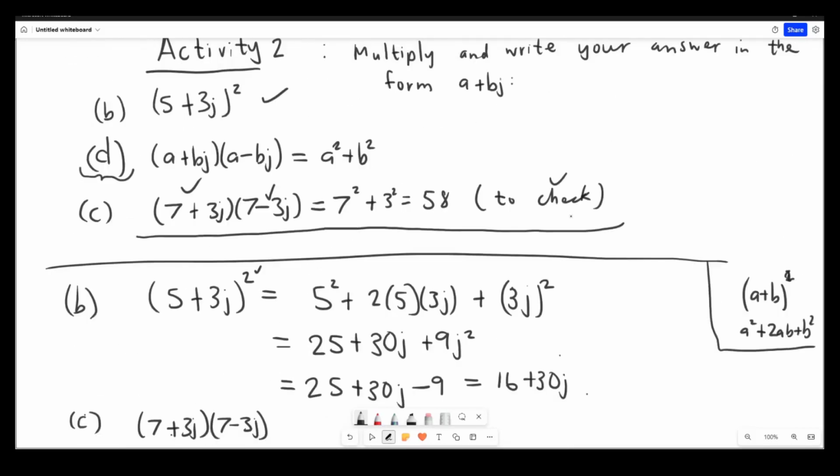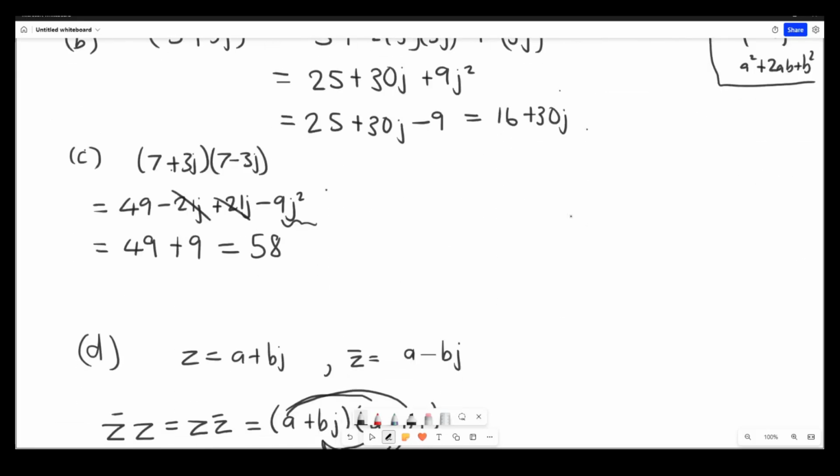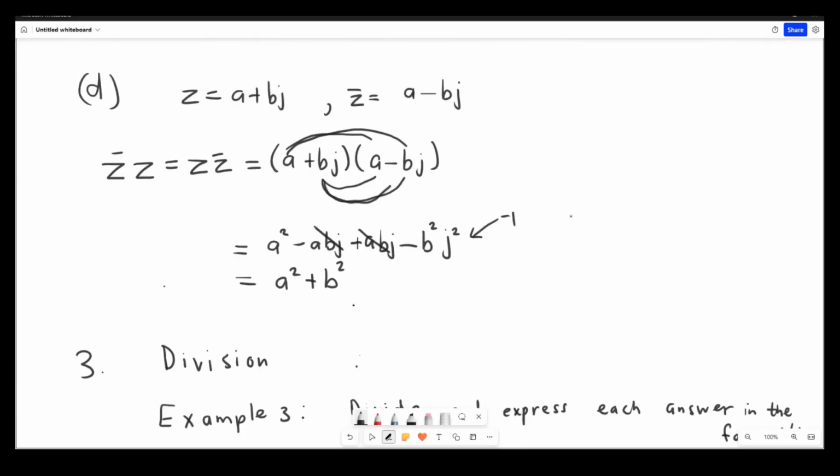Okay. So we know that, yes, that is in D. We know that when you multiply a number by its conjugate, you get a squared plus b squared. So in that case, can you just scroll down a bit? Okay. So we know that.